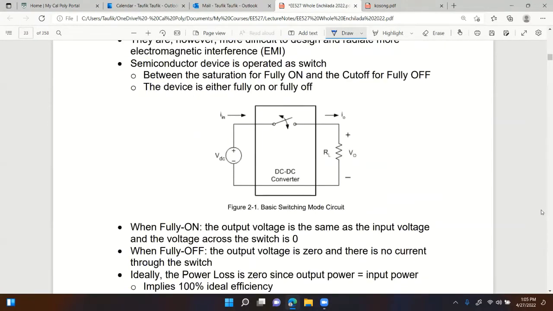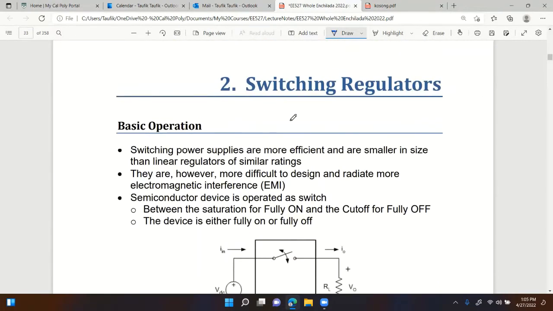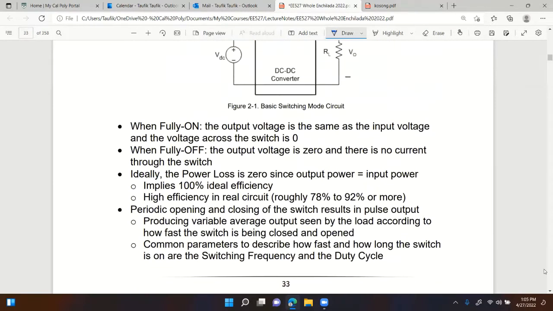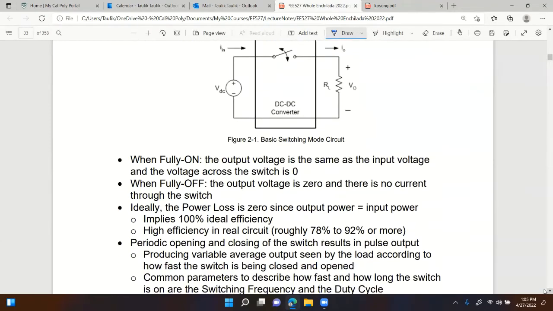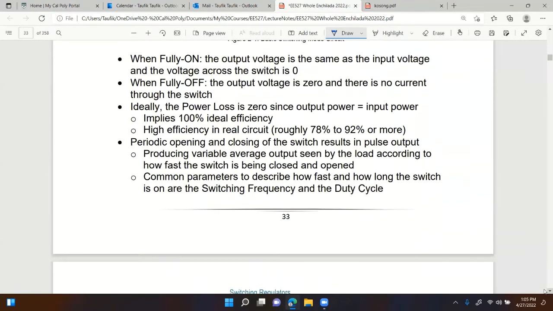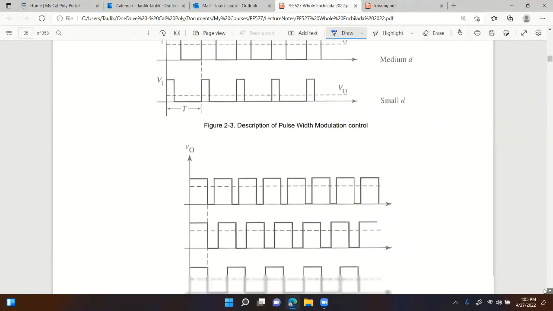And then chapter 2 is on switching regulators. So I start from linear and then move on to switching. What is the difference between linear and switching? Instead of using the solid state device as a resistor or a voltage drop, why don't we use it as a switch that turns on and off?